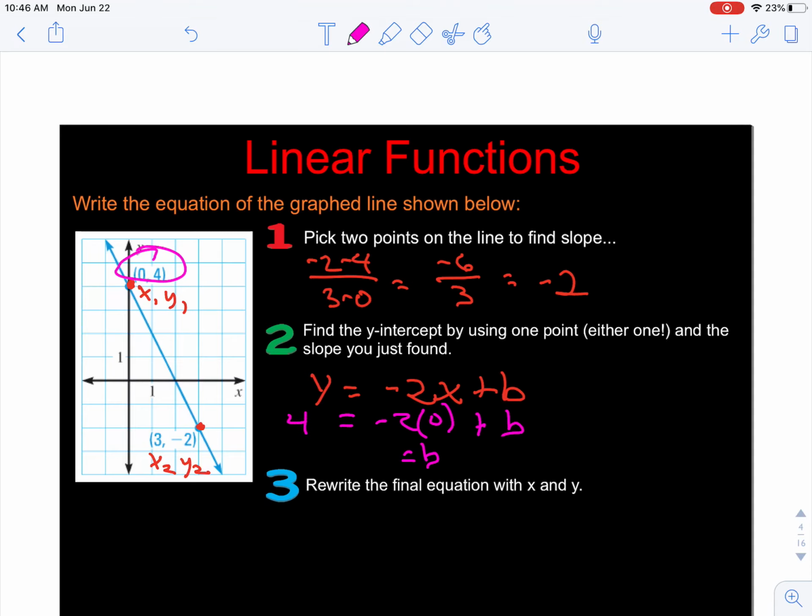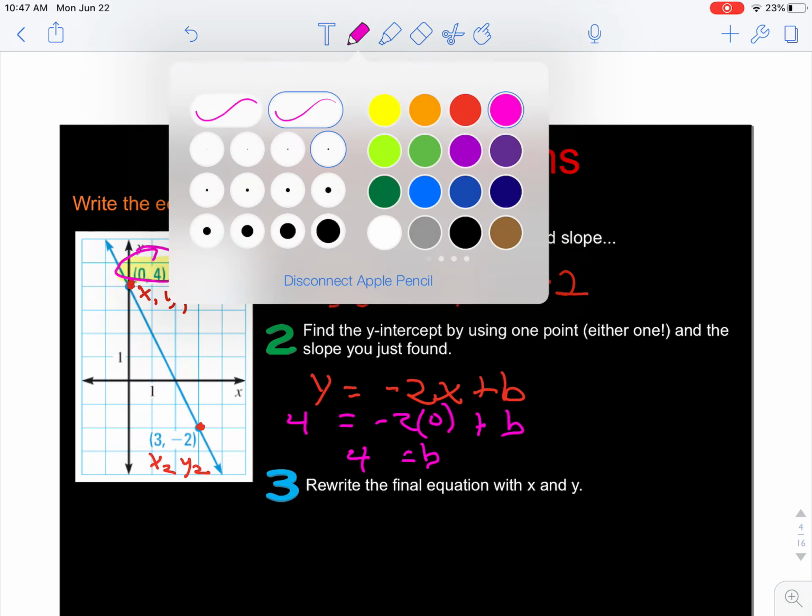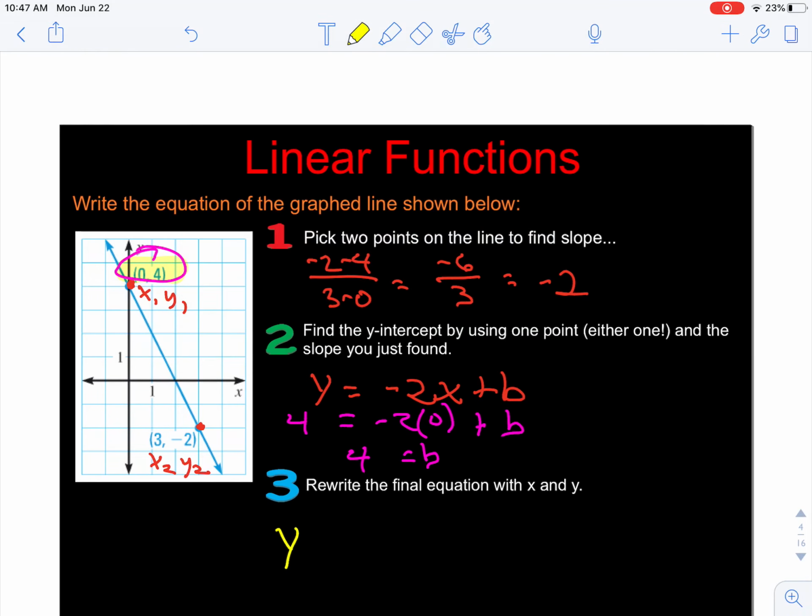So really this just gives me b equals 4. And maybe some of you actually noticed that this is in fact the y-intercept. But I wanted to show you the process anyway. So now that I have my slope and my y-intercept, I can write the equation y equals -2x plus 4.